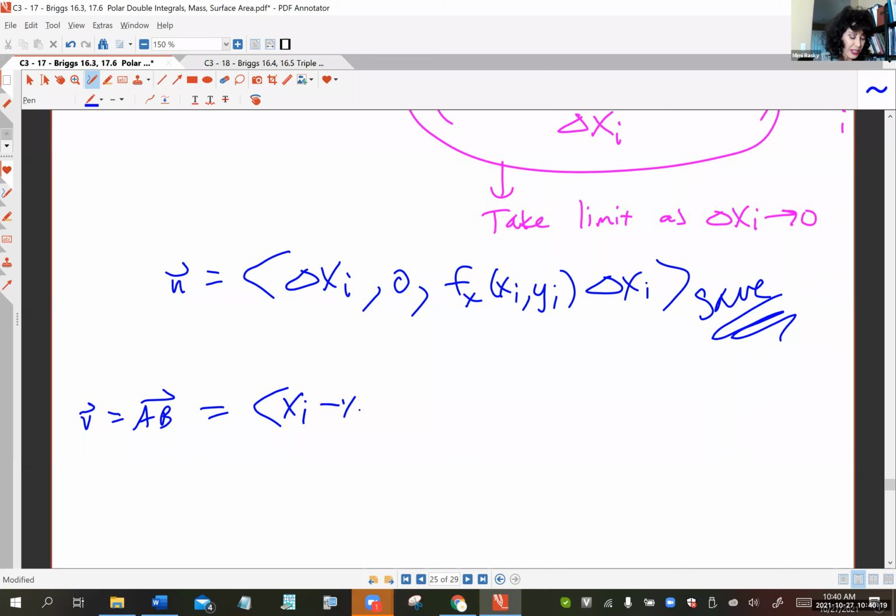So take the difference of the x coordinates, x sub i minus x sub i. Hey, that's 0. Take the difference of the y coordinates, y sub i plus 1 minus y sub i. Hey, that's delta y sub i. And then take the difference of the z coordinates.